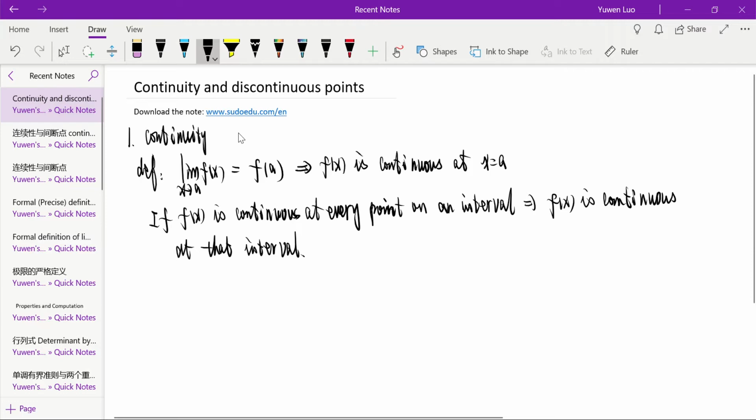That's the definition of a continuous function, or the definition of f(x) continuous at one point.